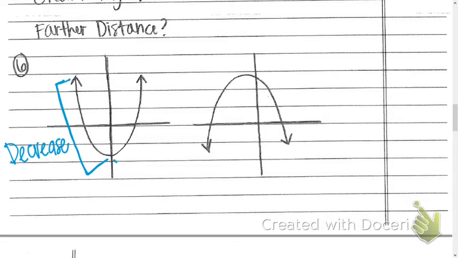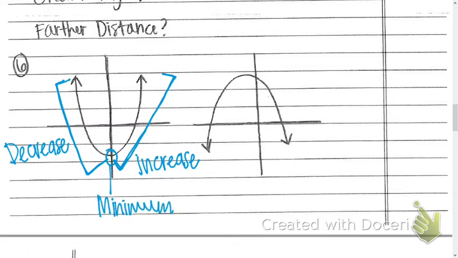Then from where I stopped to where I keep going, that is increase. Now, does this first graph have a minimum point or a maximum point? Minimum. It has a minimum, the lowest point. So I want you to circle the minimum point, and I want you to write minimum.